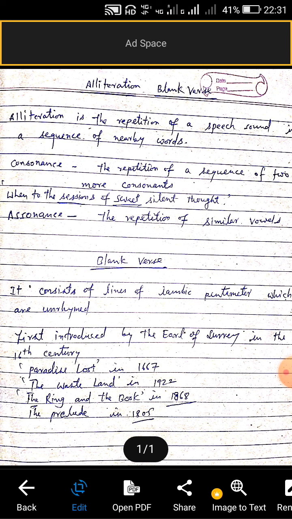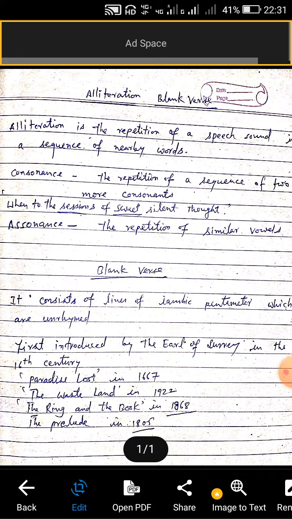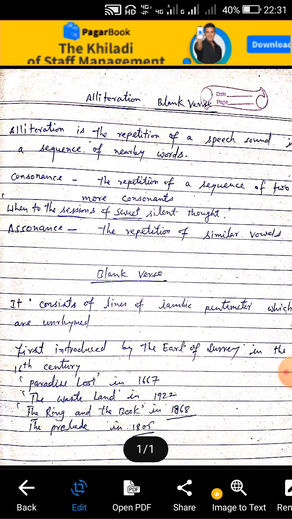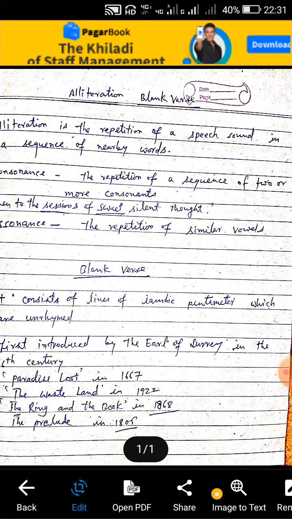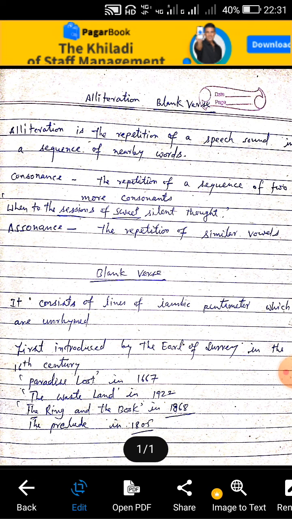First of all, we have to take alliteration. Alliteration is one of the figures of speech in English literature. It is the repetition of a speech sound in a sequence of nearby words.